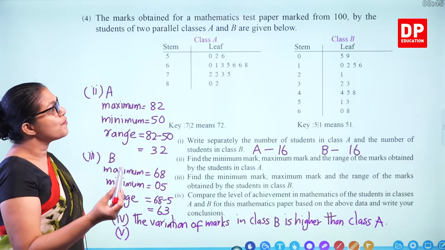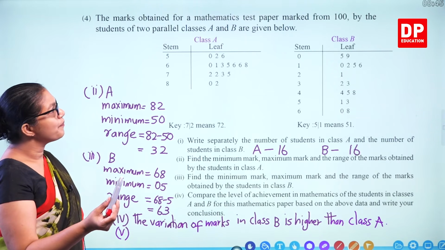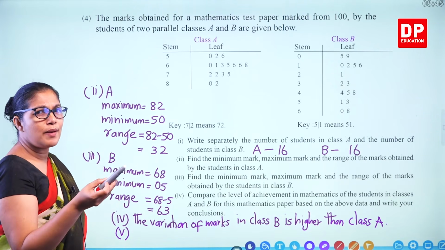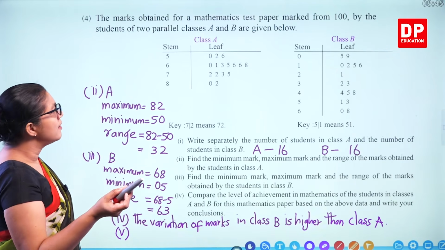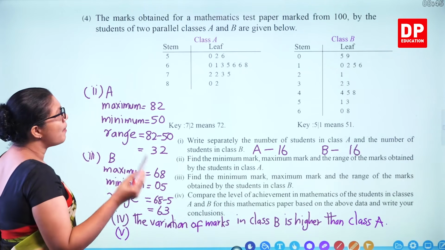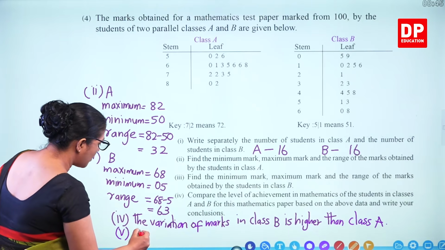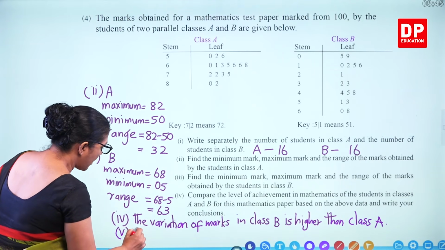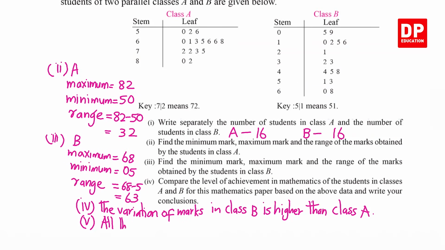So a lot of students fail the exam. So we normally consider below 40 as fail. So here we can write about that also. You can write all the students passed the test in class A. You can write about that also.